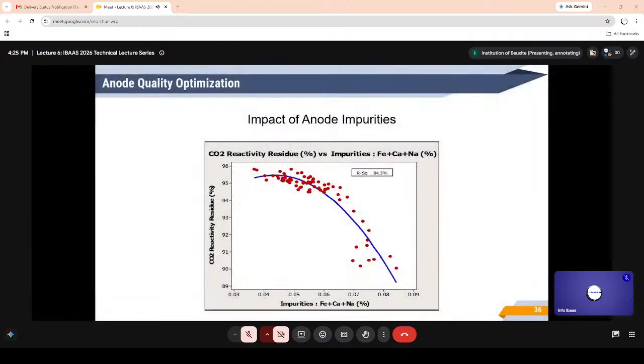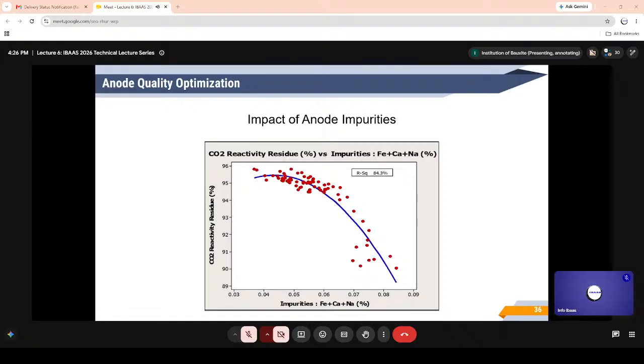Impurities in coke have adverse impact on CO2 reactivity of anodes. It is known that elemental impurities such as sodium, calcium, and iron act as catalysts for the reaction between carbon dioxide and carbon at the bottom of anodes.